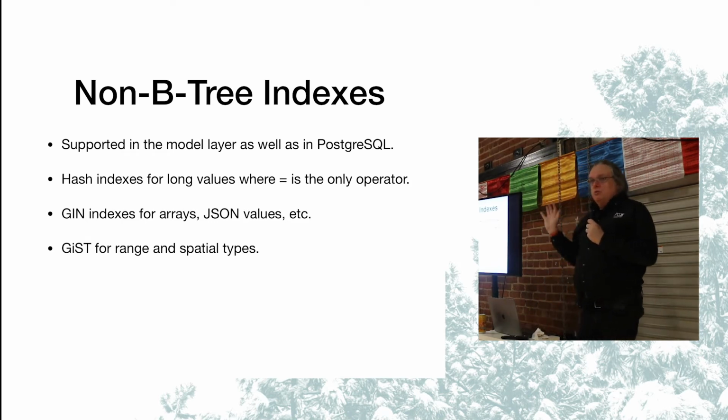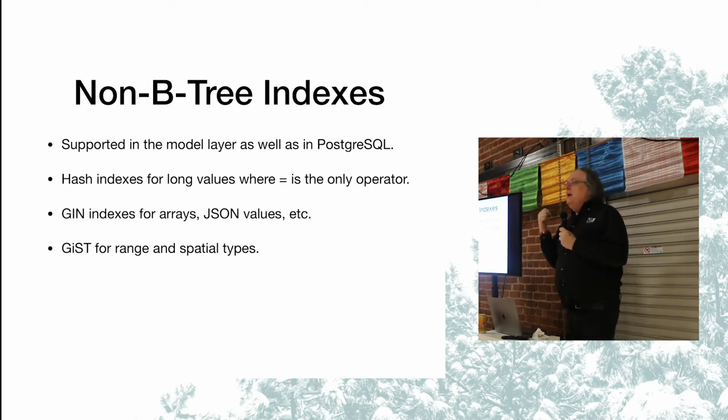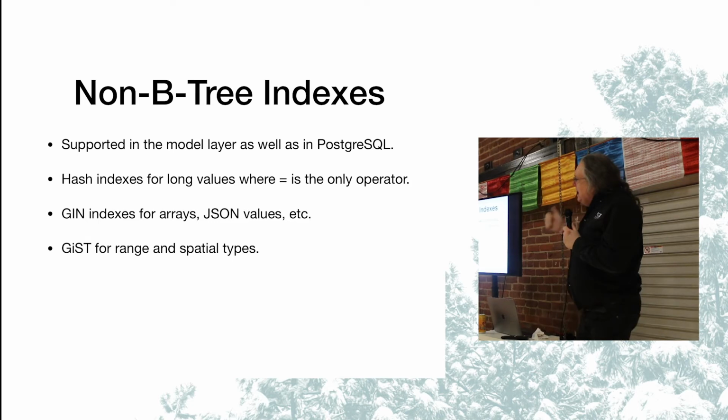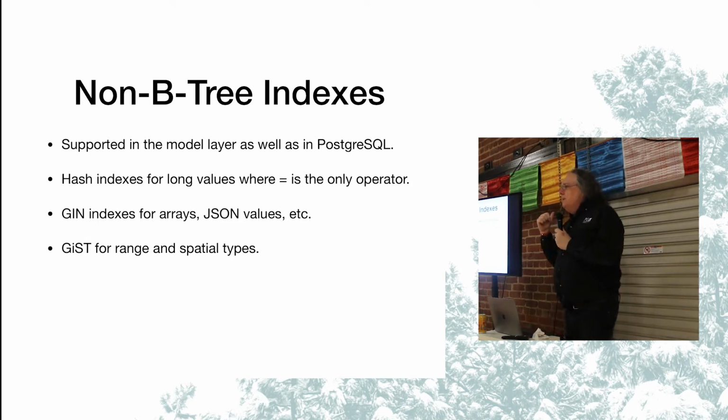Who uses UUIDs for anything? Okay, B-trees kind of suck for UUIDs because they're long. You don't sort on a UUID, or if you do, you really need to reconsider your life choices that got you to that point. So a B-tree is the most general index structure possible in Postgres.